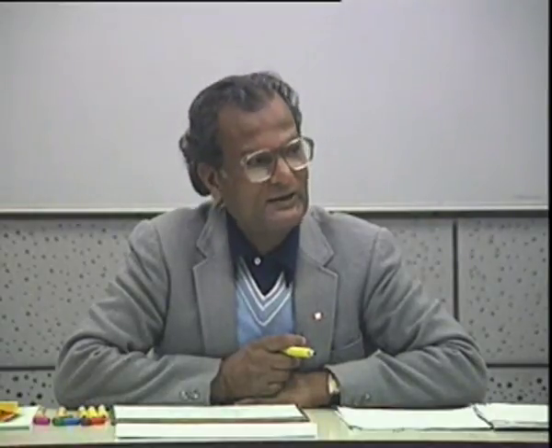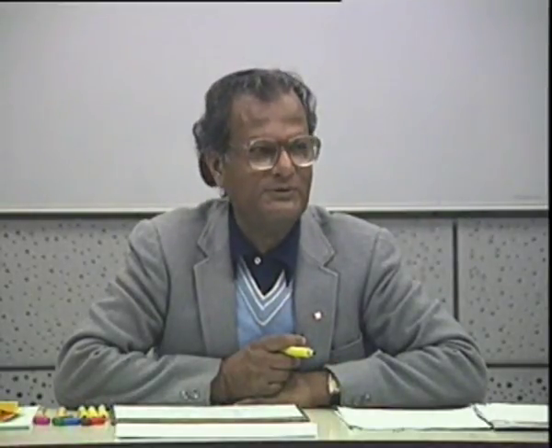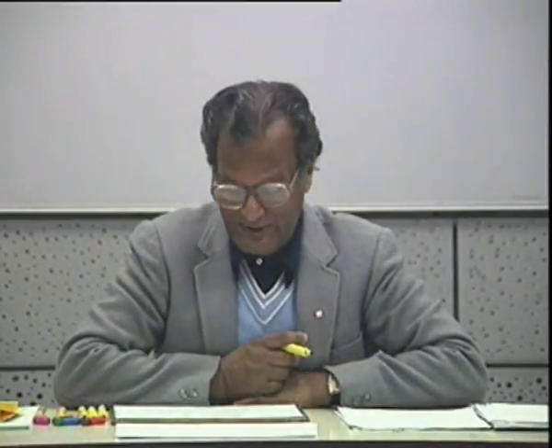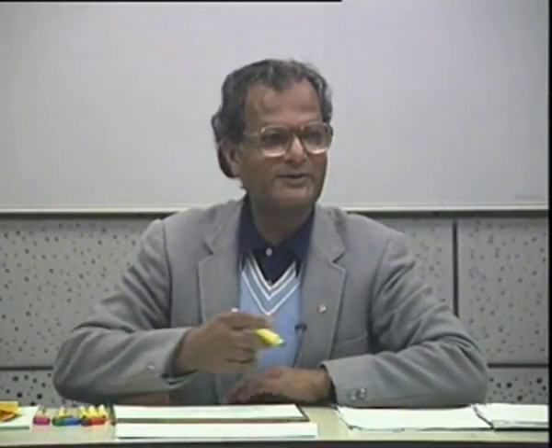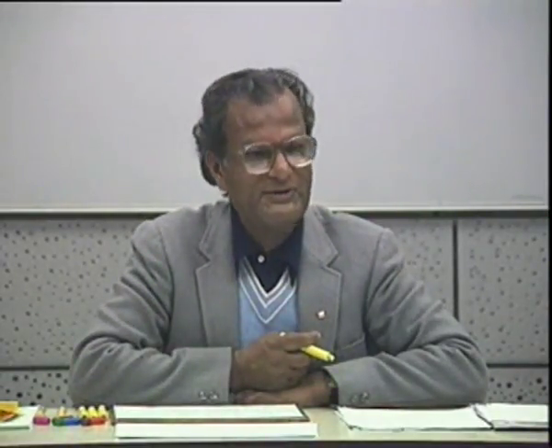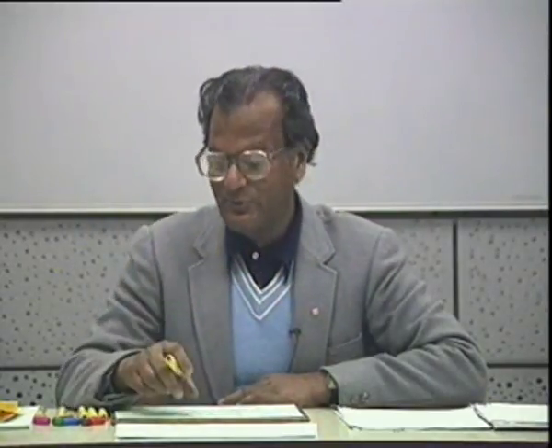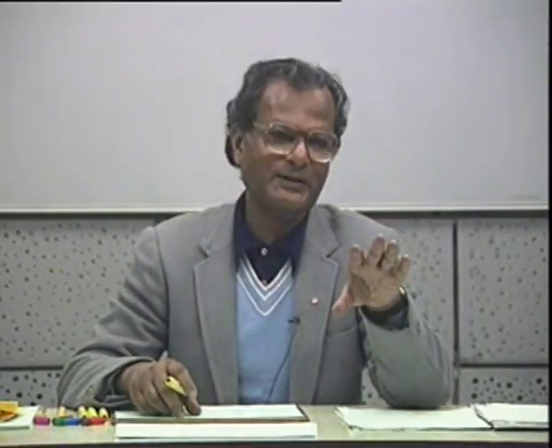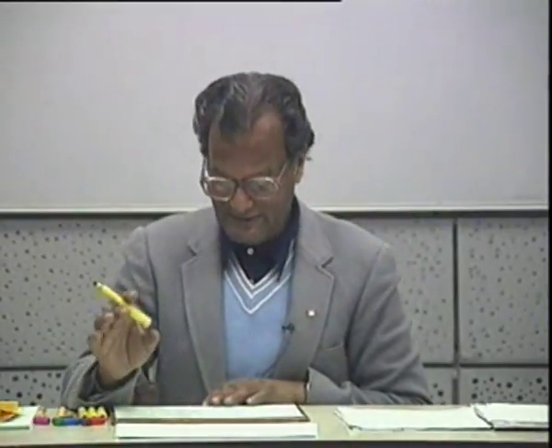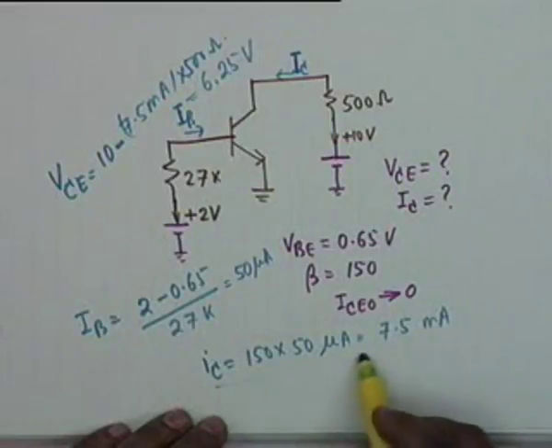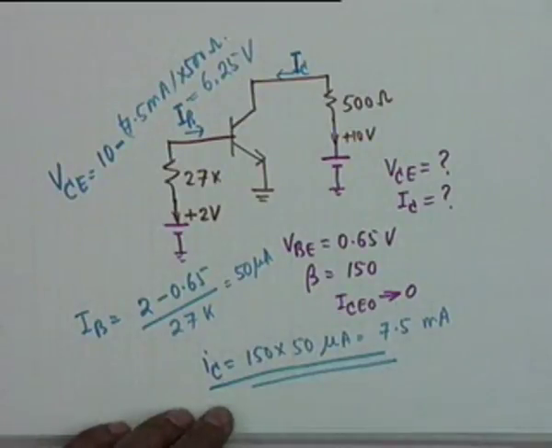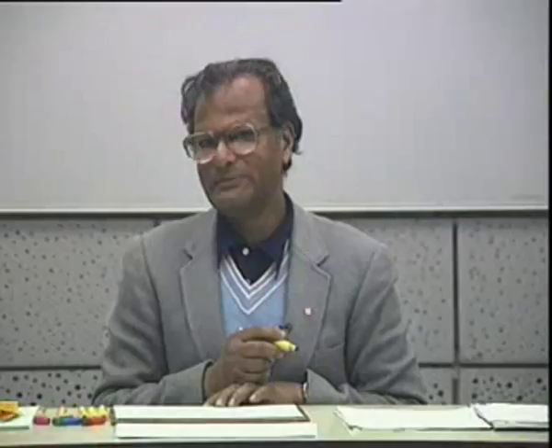If it is anywhere close to 0.2, even 0.3 or 0.4, you must look upon all this calculation with suspicion, because VCE sat is not exactly 0.2, it might go on the other side. But if it is 0.1, then you definitely know that it is in saturation. If it is in saturation, then obviously utilizing this relationship is suspect. You cannot use IC equal to beta times IB. Okay, we will continue the second part of this problem tomorrow.